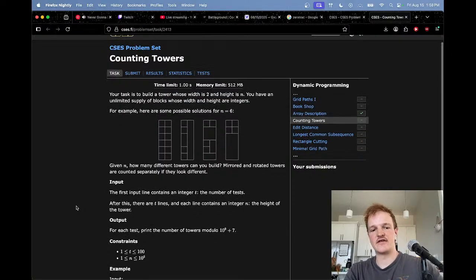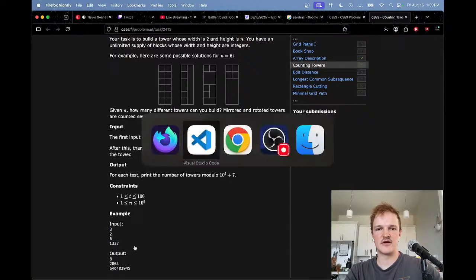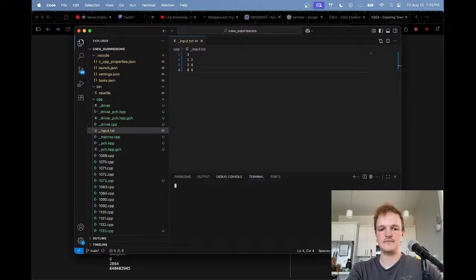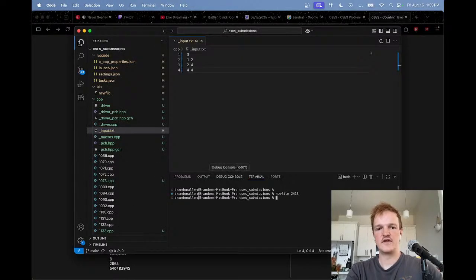N is 10 to the 6th. So input, how does this even work? Number of test cases, and then just n, okay.